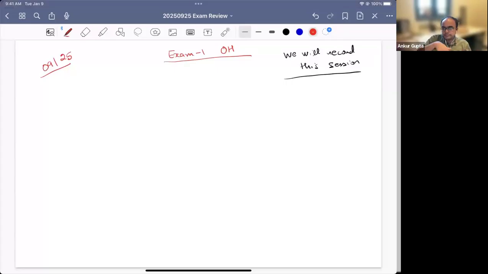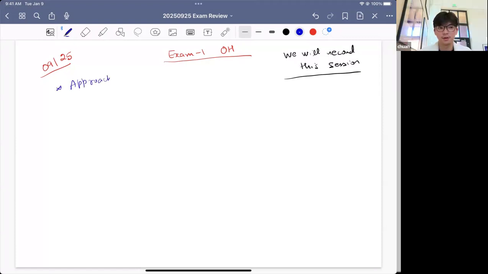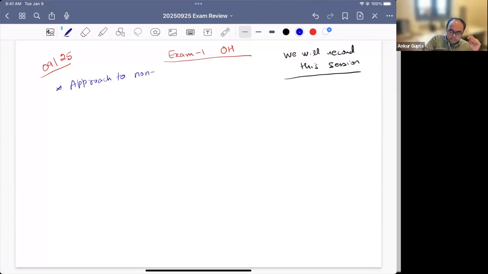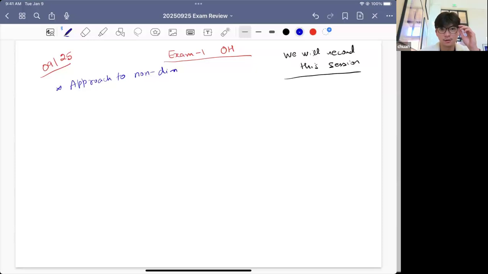How can I help? Okay, so I have three questions right now. The first one is the approach to non-dimensionalization. Yesterday, I made a really severe error when I was doing question three, in the way that I defined the data.